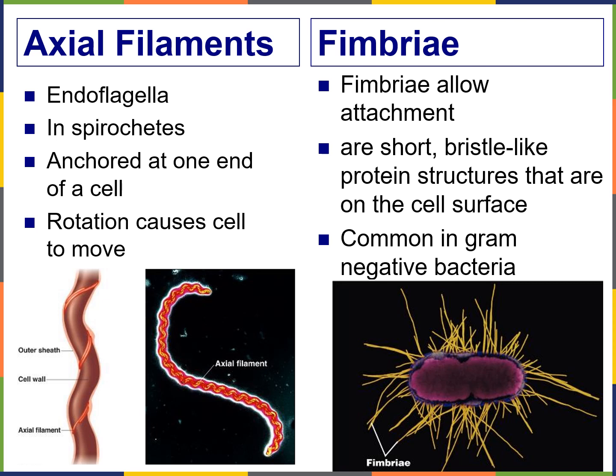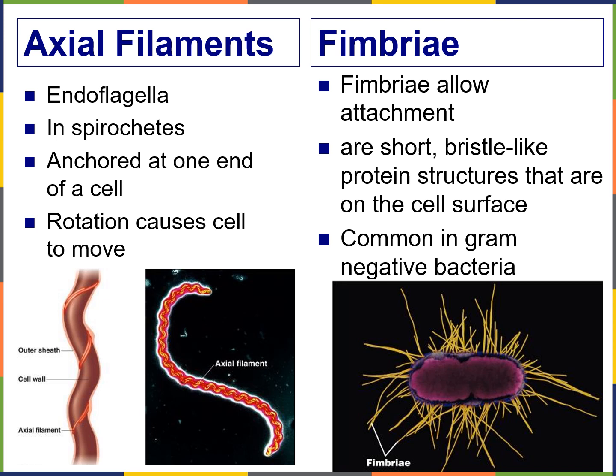It is due to the rotation and the movement of the axial filament that causes this spirochete to move. Remember, I said that they have earthworm-like abilities. They're able to swim forward and swim in reverse, and they're able to stop and curl up and expand back out. That's all due to the rotation and the movement of these axial filaments. So the axial filament, again, only found on spirochetes.